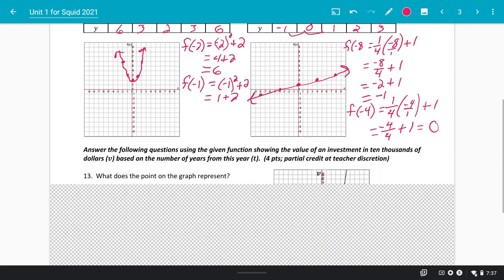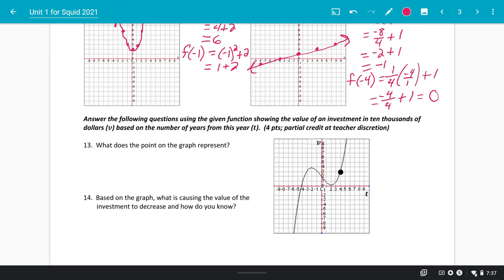All right. Number 13, answer whether the following is a given function showing the value of investment in tens of thousands of dollars based on number of years. What does the point on the graph show? Well, that's the years. And this is the value of the investment in 10,000s.